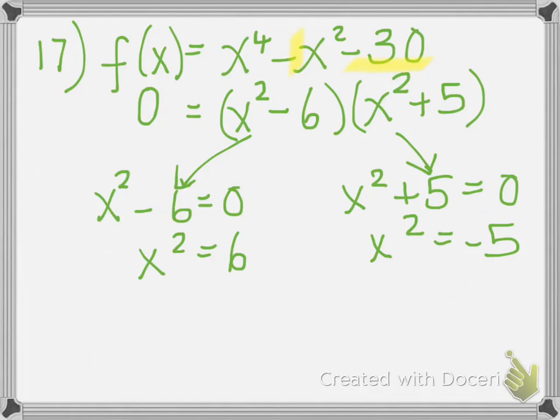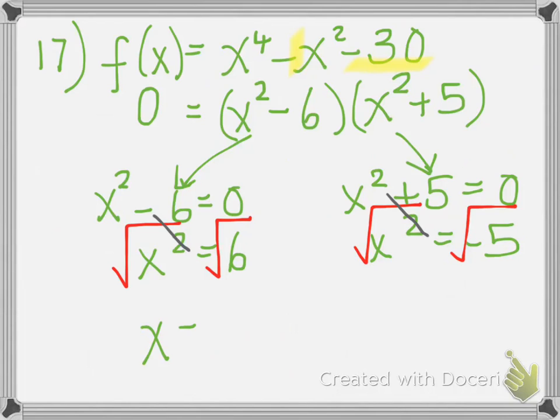To get rid of a square, the opposite operation is square rooting. So my square and my square root cancel each other out. And I am left with x equals plus or minus the square root of 6.